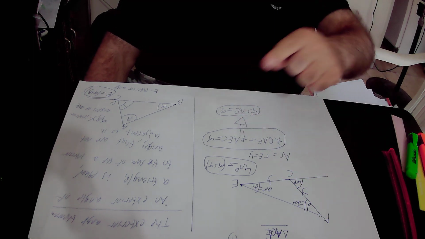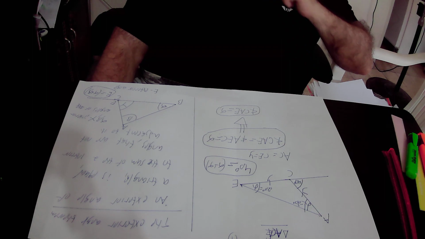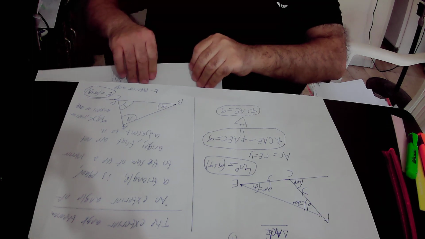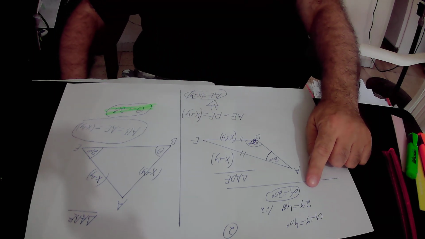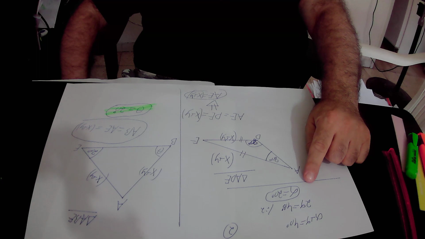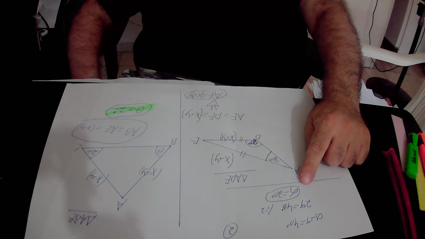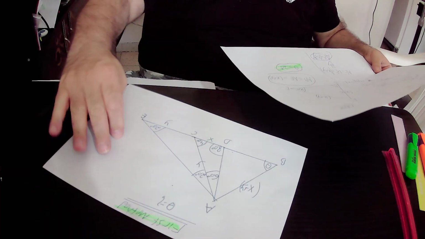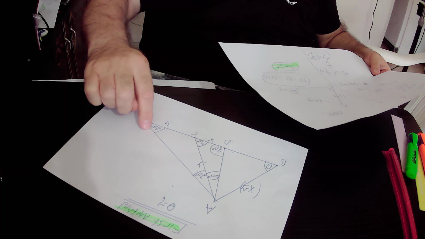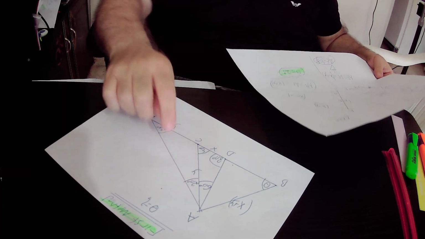So 40 degrees equals alpha plus alpha, that is 2 alpha equals 40 degrees. We divided this equation by 2 and found that angle alpha equals 20 degrees. Here those two angles are both equal to alpha, therefore they are equal to 20 degrees.